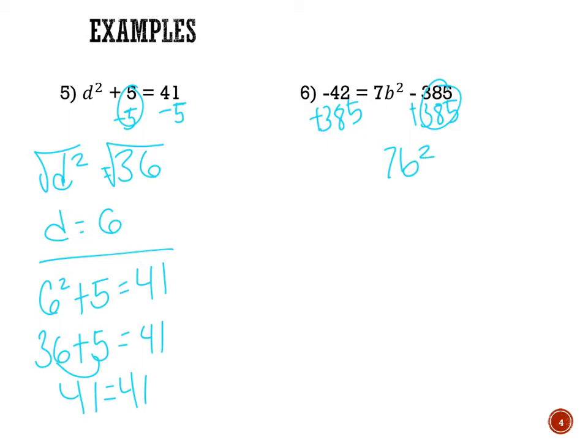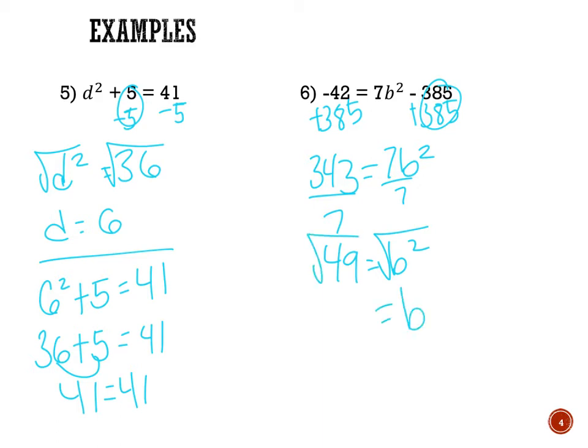And negative 42 plus 385 gives me 343, divided by 7. 343 divided by 7 gives me 49 equals b squared. Take the square root of both sides, because remember, the inverse of squaring a number is taking the square root. Take the square root of 49. Square root of b squared equals b. Square root of 49 equals 7.